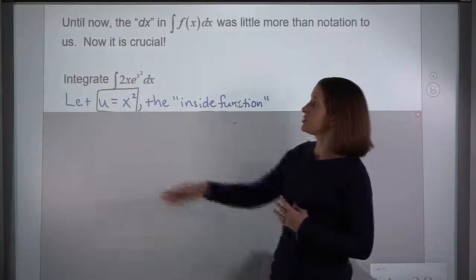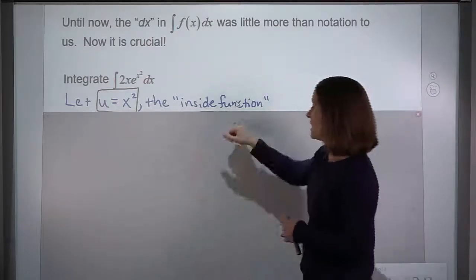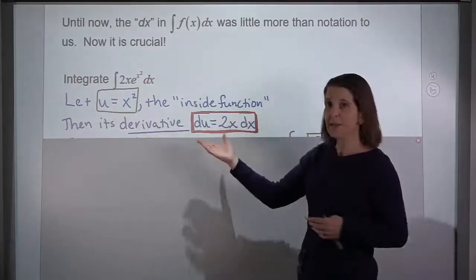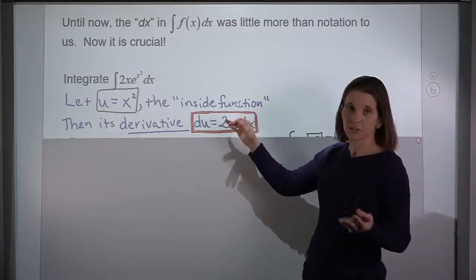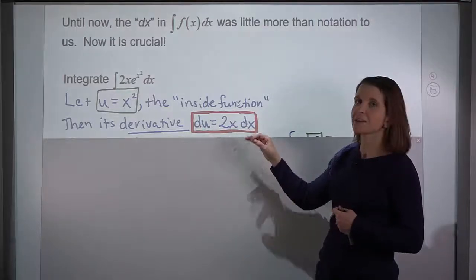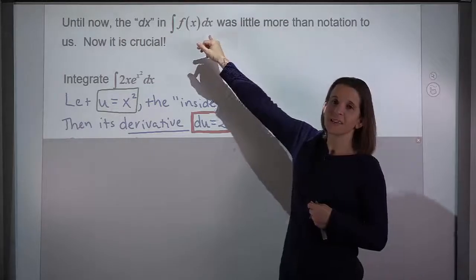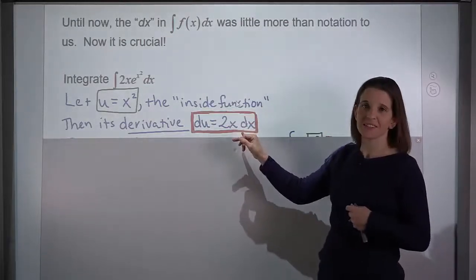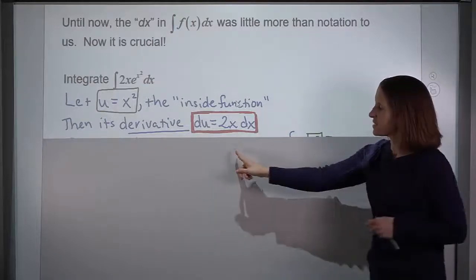Now I could do that in two steps and say du dx equals 2x and then move the dx over. But what I will get is that du equals, the derivative is 2x, and then I've brought the dx over, so 2x dx. Now you're going to see why the combination of that dx matters, and let's move that dx to the other side in our du dx notation, it's all coming together.